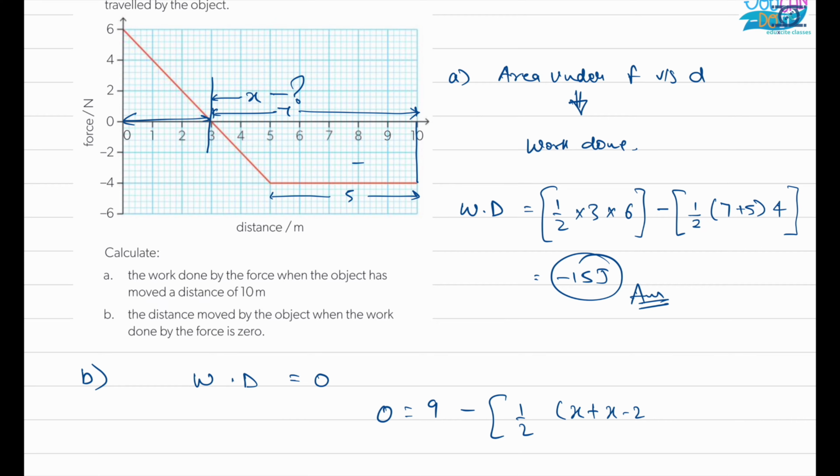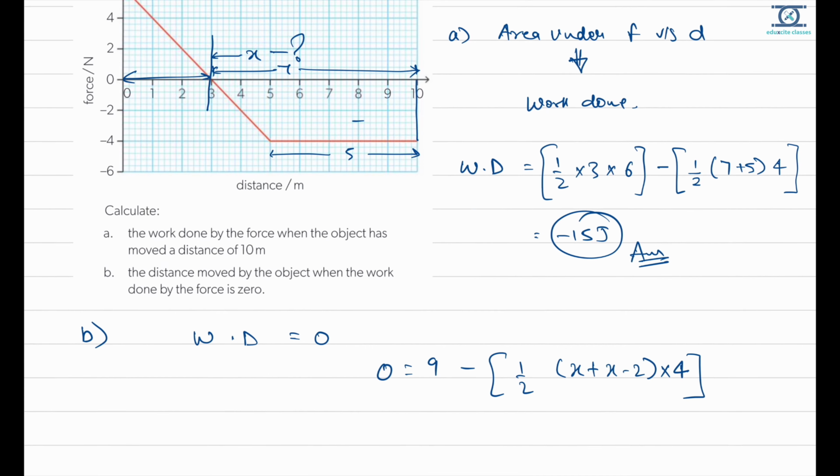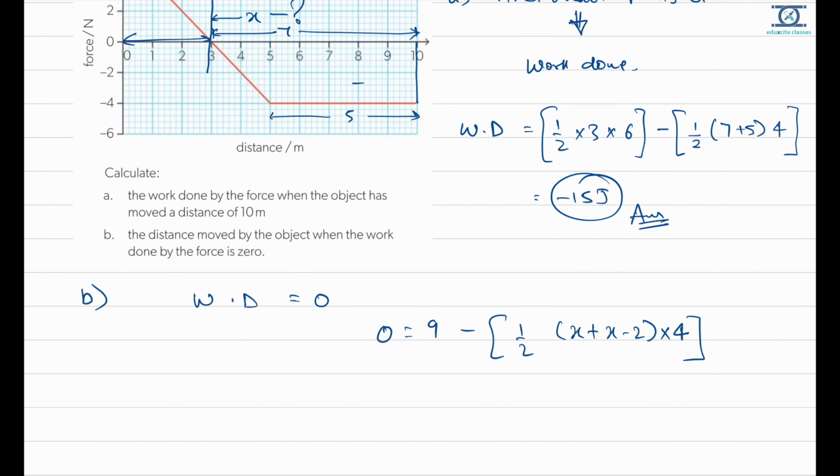If this is the length x, it will be greater than 5, because this area is not greater than 9, so it has to be greater than 5. The other parallel side will be x minus 2, because this distance is 2. I hope it is quite clear. If not, let me know in the comment section below. I will try my level best to discuss with you.